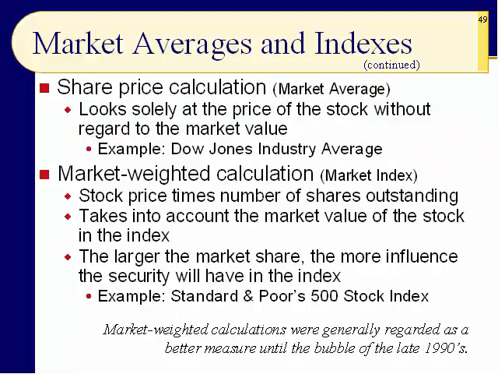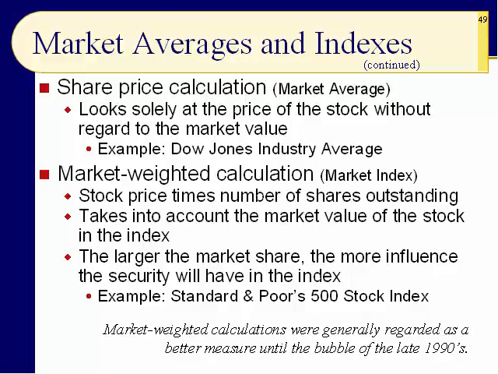So slide 49. The share price calculation, the market average, and the market weighted calculation, the market index. Again, I told you not to worry about the difference because in reality, there's really only a couple of averages that are important. The one being the Dow Jones Industrial Average, plus the transportation average, and then the utilities average.